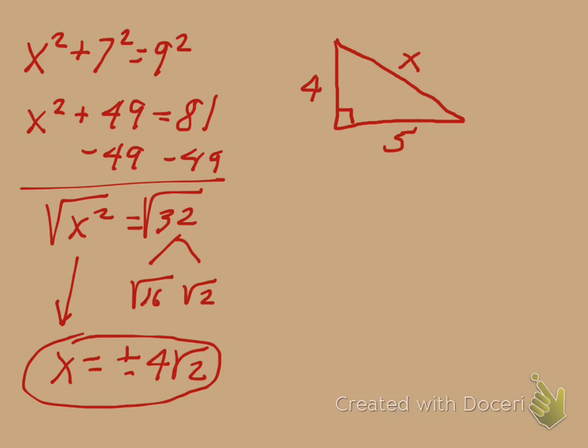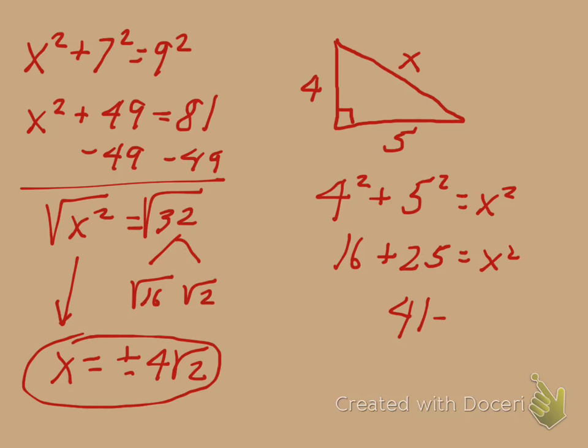Second one had a right triangle with legs of 4 and 5, and we had to find the hypotenuse, which we'll call x. So this equation would be 4 squared plus 5 squared is equal to x squared. Squaring each item gives us 16 and 25, and the sum of 16 and 25 is 41.